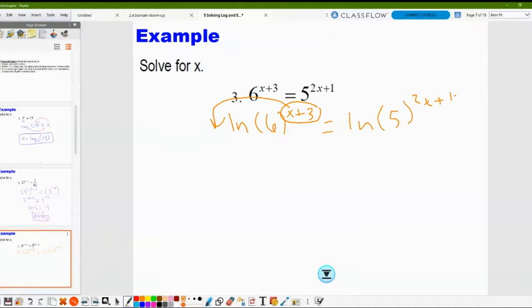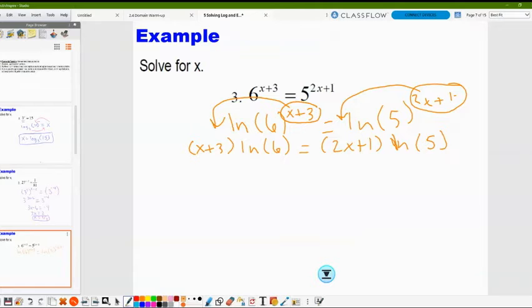We can bring them out front. So on both sides, I'm going to grab those exponents and bring them out front. So that's going to give me (x plus 3) times the natural log of 6 equals (2x plus 1) times the natural log of 5. Now notice when I brought those out front that I did put them in parentheses. That's because each part of that is going to have to distribute to our natural log.